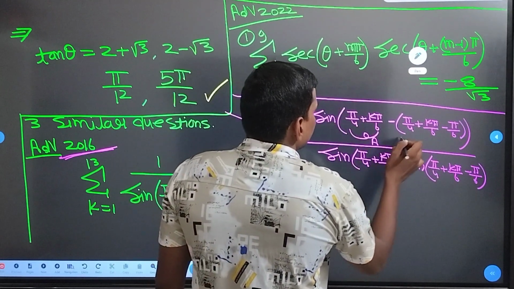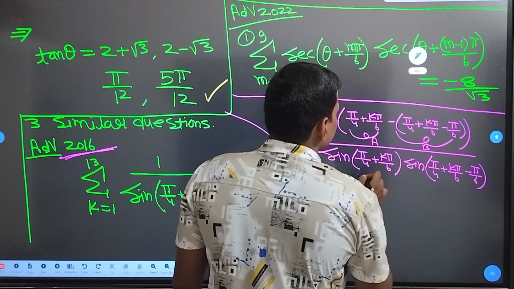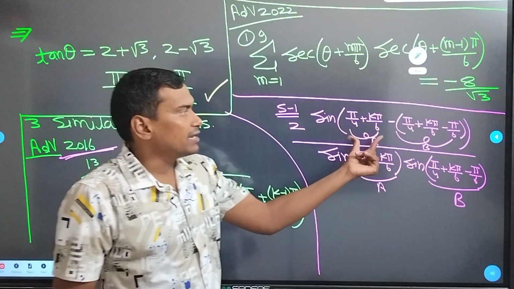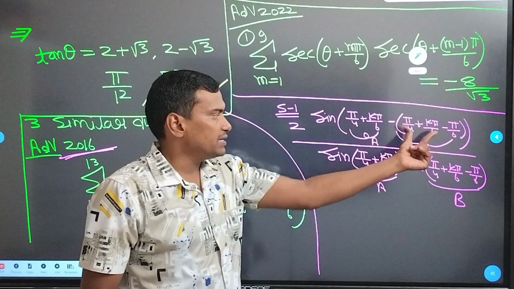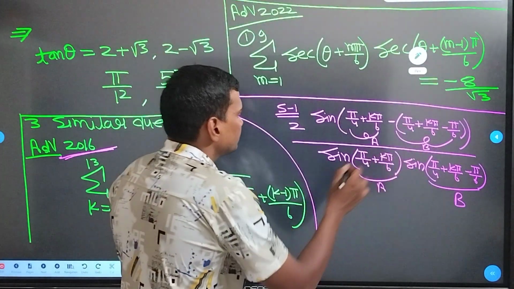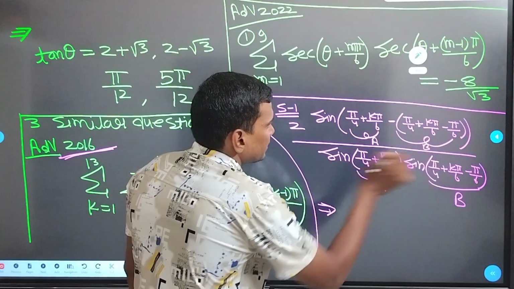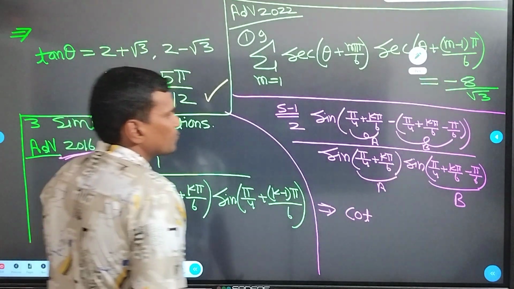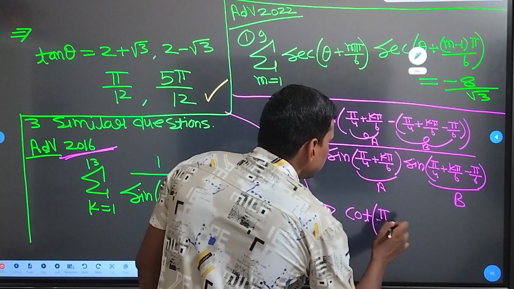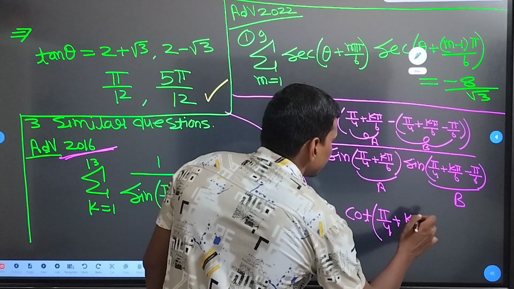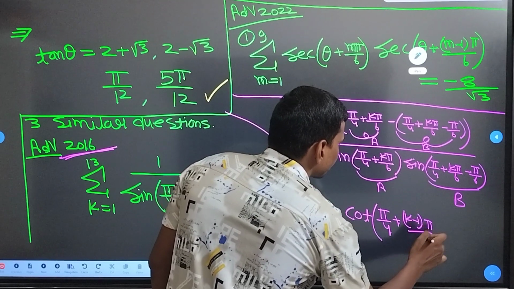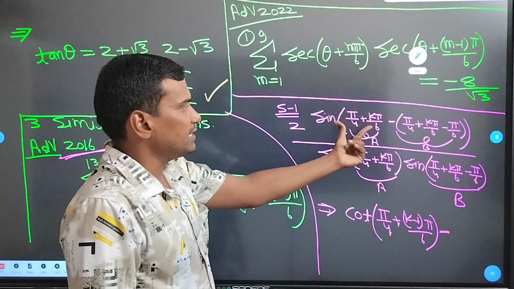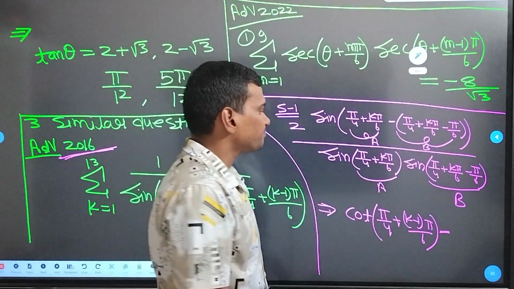This we say A, this we say B. Now expand it, sine of A minus B, that is sin A cos B minus cos A sin B, divided by this, so you will get cot of pi by 4 plus (k minus 1) pi by 6 minus cot of pi by 4 plus k pi by 6. The cos A sin B terms cancel out.